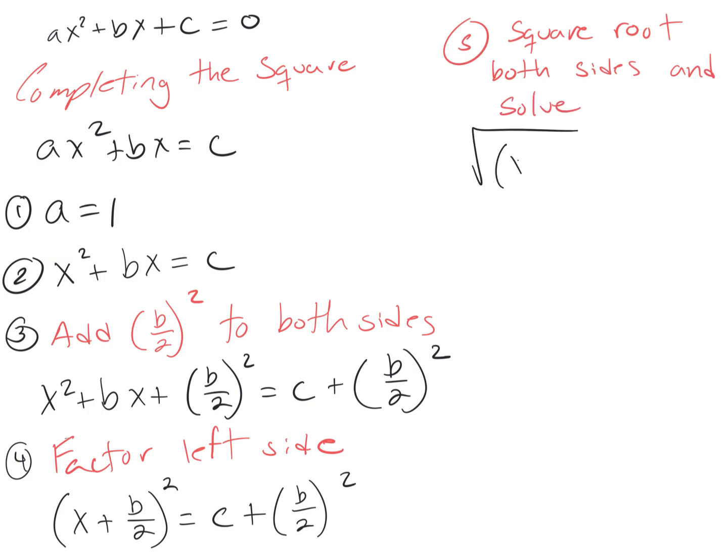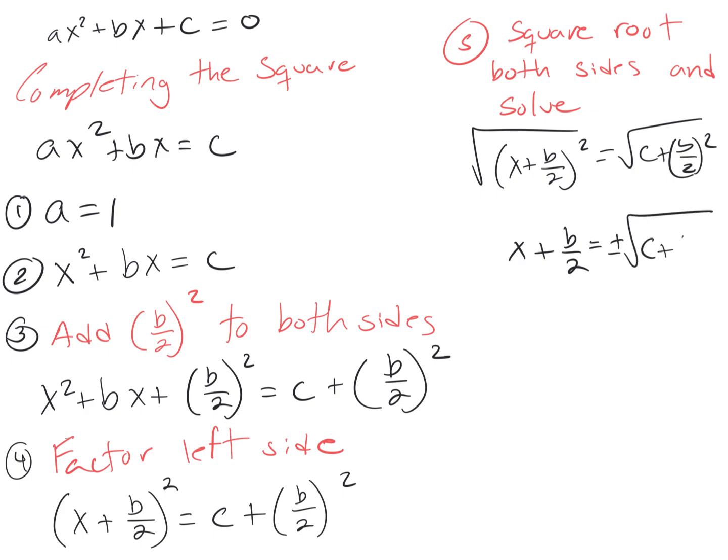You take the square root of both sides. So it would end up being x plus b over 2 equals plus or minus the square root of whatever c plus b over 2 squared is. Now, obviously here we can't solve because it's all letters, but that's the process of completing the square.